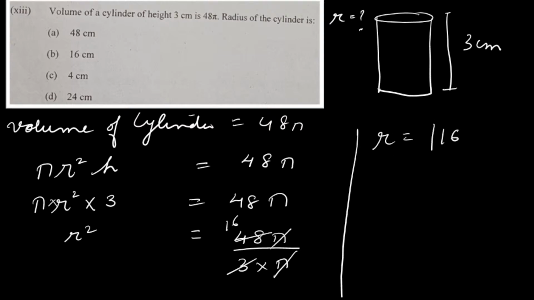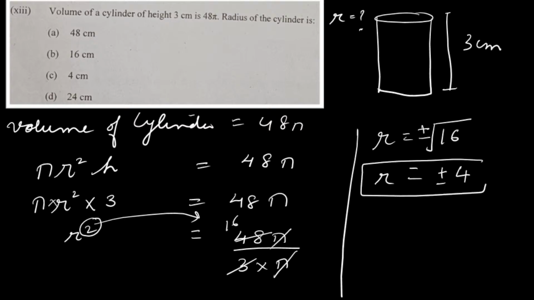When the square shifts to the other side, it becomes square root. See, square root is always plus and minus, but we are finding a radius, so only the positive we have to consider. So r we are getting plus minus 4, but only positive we have to consider because radius cannot be negative.